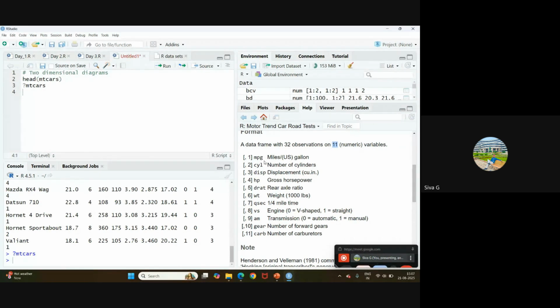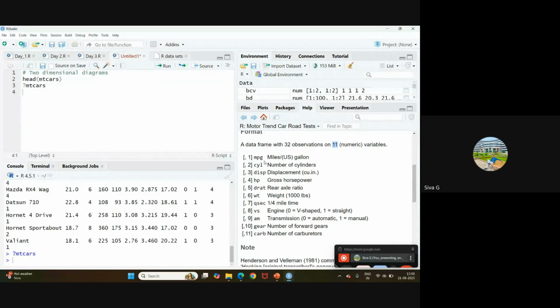Next, hp, the horsepower, drat, that is the rear axle ratio, and wt, weight of the car. qsec, quarter mile time, vs, either V-shaped or straight. am, it is the transmission, either automatic gears or non-automatic gears. They have taken zeros and ones. gear, number of forward gears, how many gears are there, and carb, number of carburetors. So these are the 11 variables.